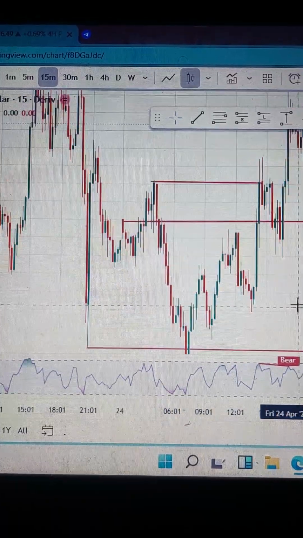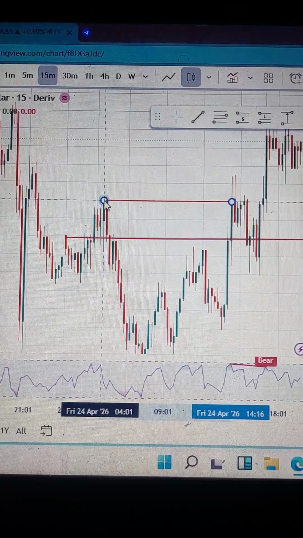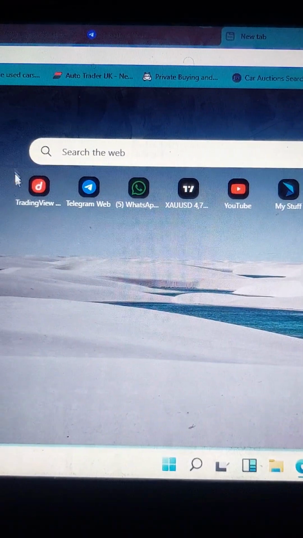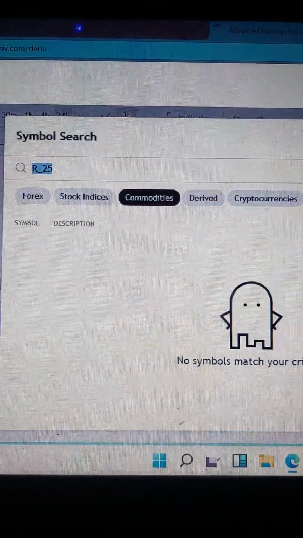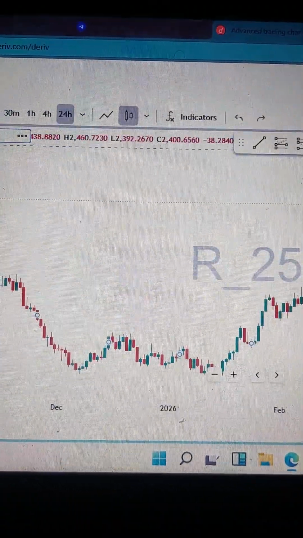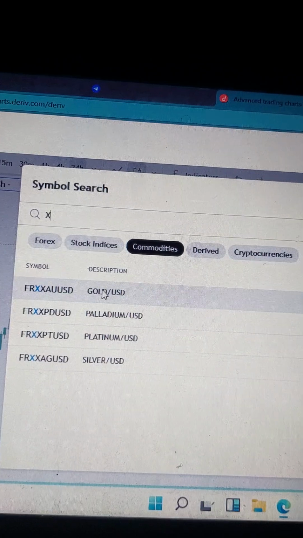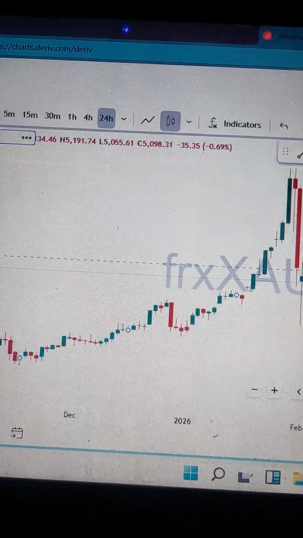So that closure above this engulfing, above this swing high, was much clearer on XAUUSD on the Reeves terminal for TradingView.